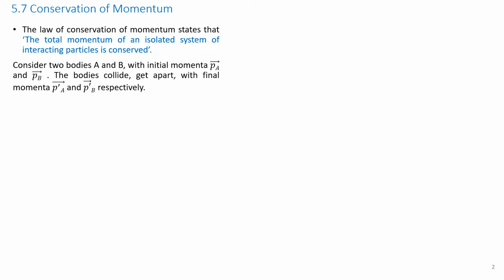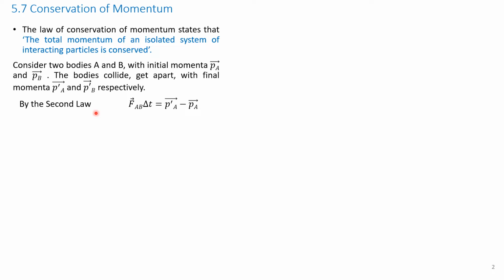Consider two bodies A and B. Initially they have momenta PA and PB. The plural of momentum is momenta. The bodies collide and get apart, with final momenta P dash A and P dash B respectively.